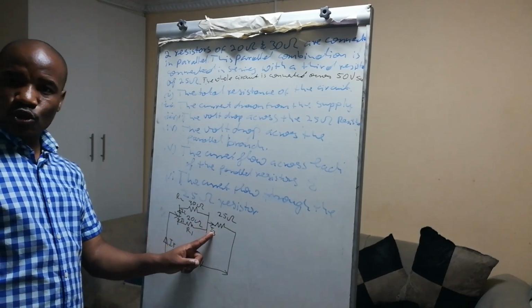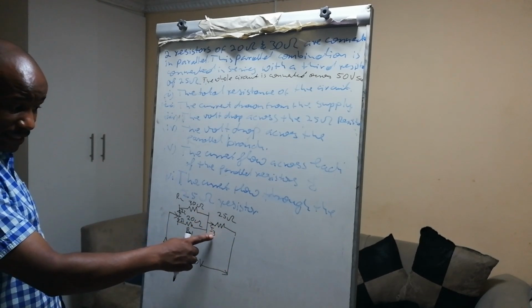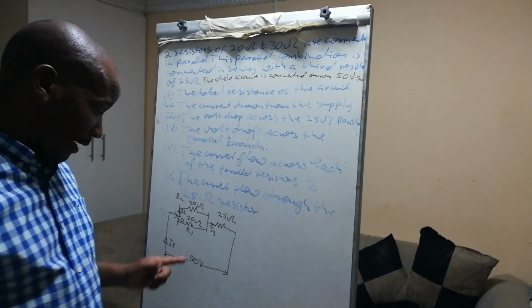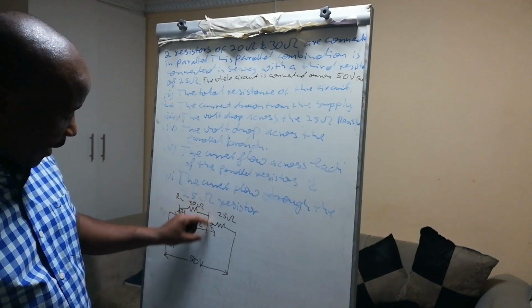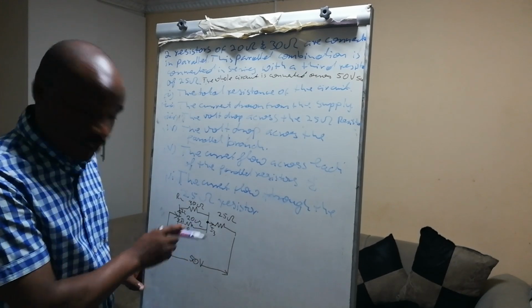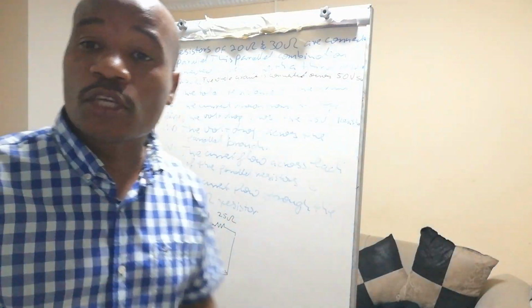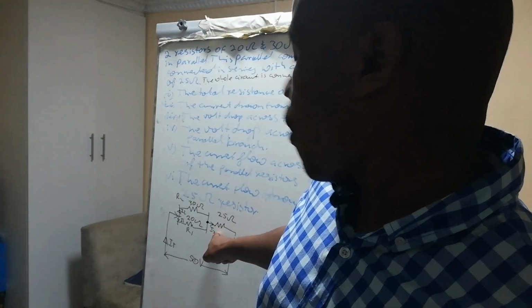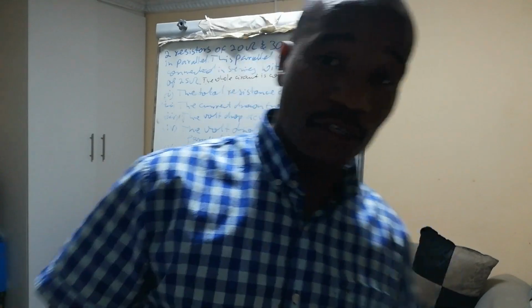This I3 is the same as the total current because the total current divides there and combines again at that point and goes along and passes through that resistor. So the total current of this circuit is the same as the current through the 25 ohm resistor. But that's not the issue. I was just telling you that.